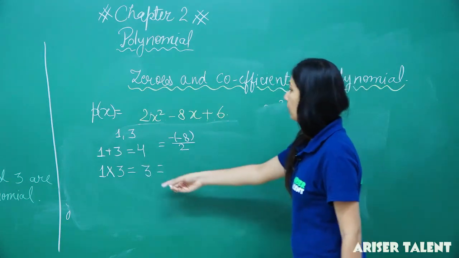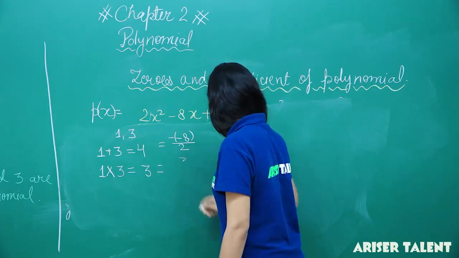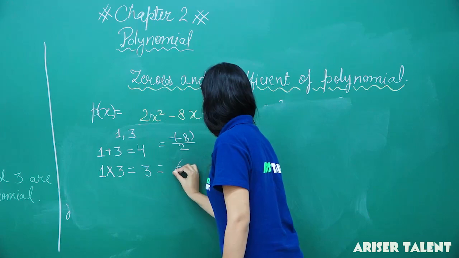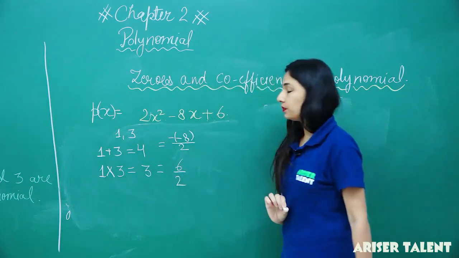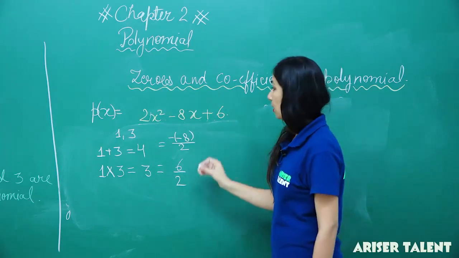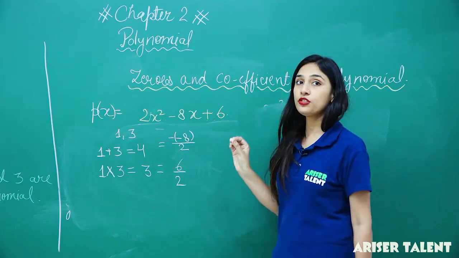Now, how can you rewrite 3? You can rewrite it like 6 divided by 2. Now look at the numbers carefully. Minus 8. Can you relate this to this equation?